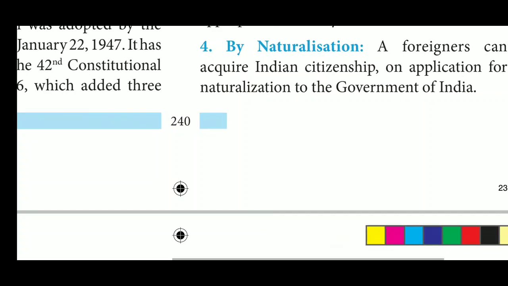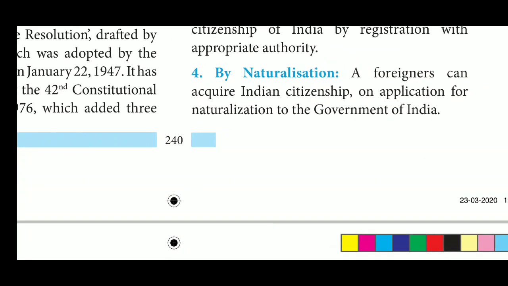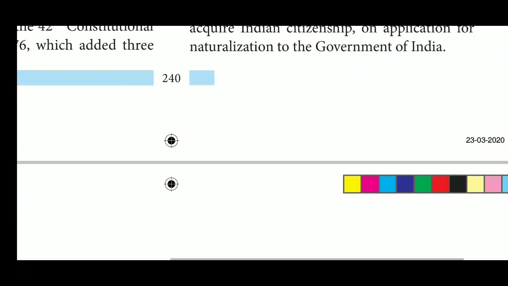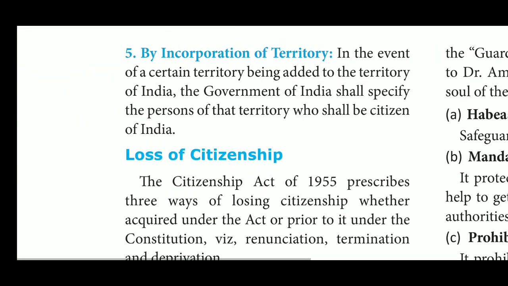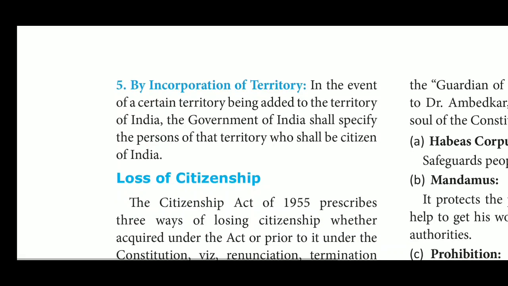Then the last one, page number 171, fifth one, by incorporation of territory. In the event of a certain territory being added to the territory of India, the Government of India shall specify the persons of that territory who shall be citizens of India. Explanation. Citizenship by incorporation of territory is provided in Section 7 of the Act.